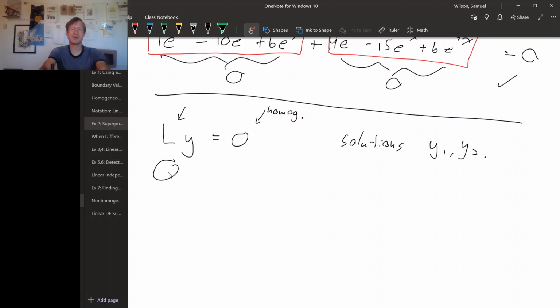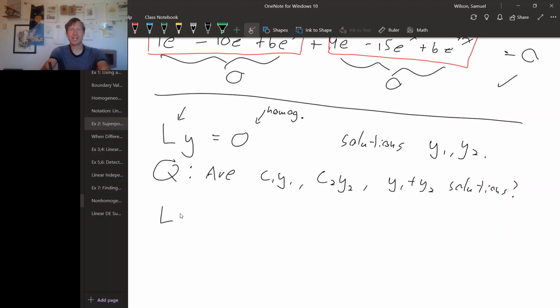So the question that we're asking here is, are these things solutions? If we multiply one of these by a constant, is it a solution? If we multiply the other one by a constant, is it a solution? And if we add them together, is it a solution? Well, let's check.